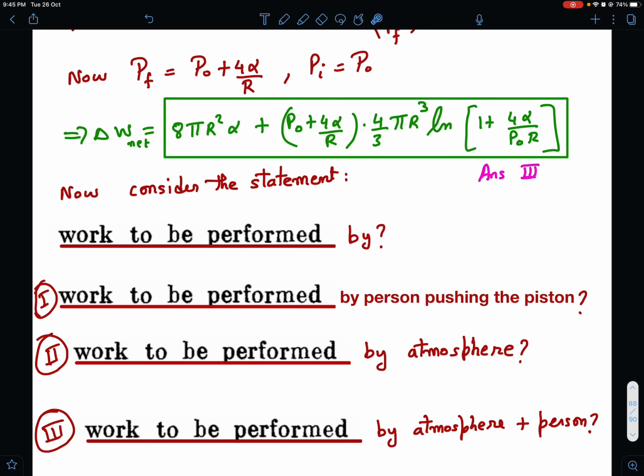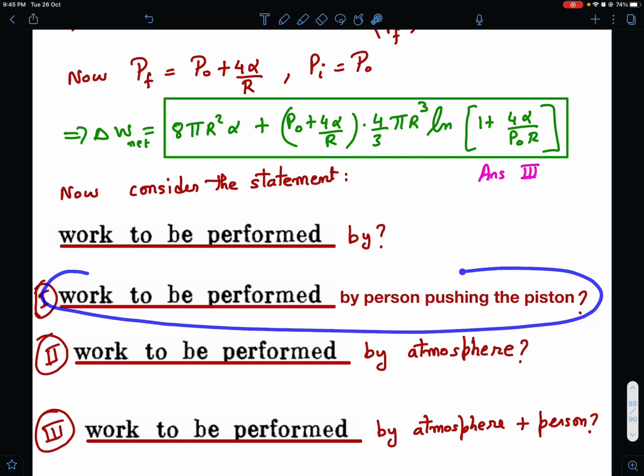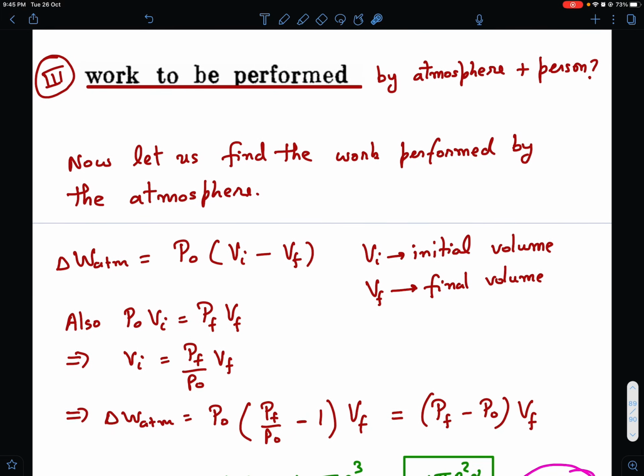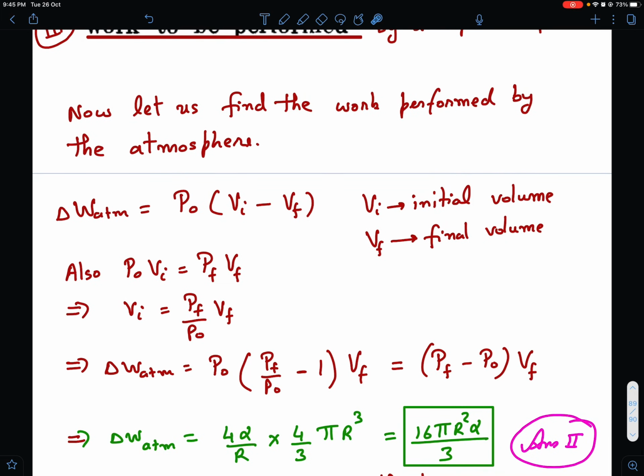But now I can ask another interesting question, that is, what is the work done by the person pushing the piston? And that's an interesting variation, or you can say interesting interpretation of this question, or what is the work done by the atmosphere. So now I'll be calculating the answers according to interpretation 1 or interpretation 2. Okay, so how do I find the work done by the atmosphere?